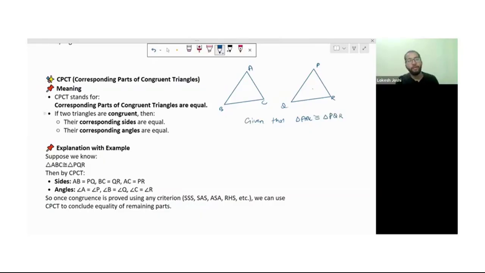So if we use CPCT, then for congruent triangles the corresponding sides are equal, which means we can write by CPCT, AB is equal to PQ, AC is equal to PR, and the third side BC is equal to QR.